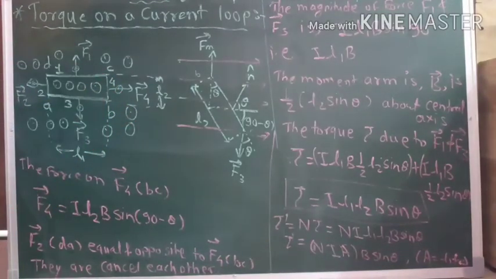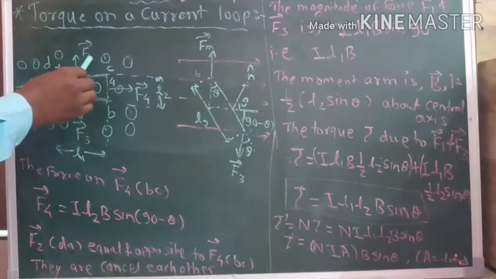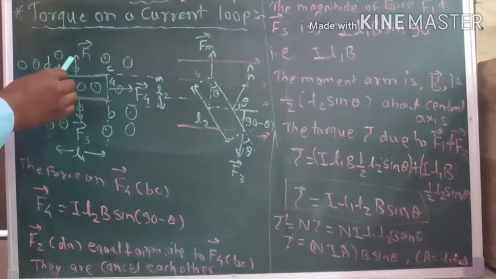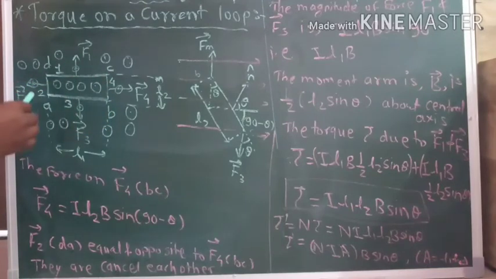It has four sides: first, second, third and fourth sides. On the first side, force F1 vector is the magnetic force produced perpendicular to the magnetic field. F2 vector is the magnetic force on the second side.